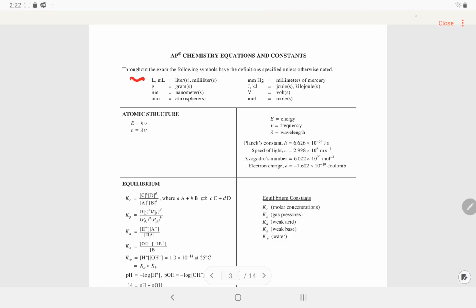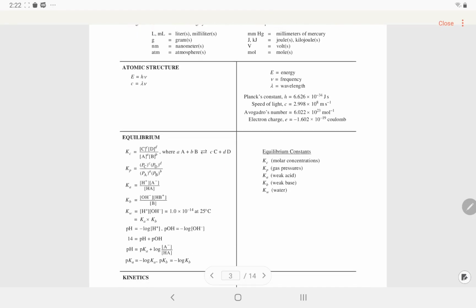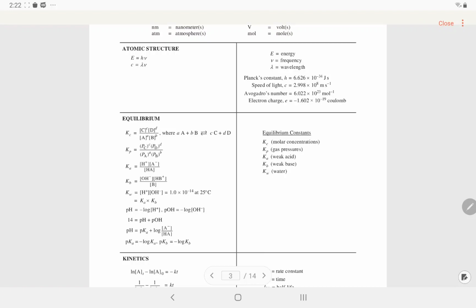And then what they've gone ahead and done is broken down the formulas you need for each concept. So the concept of atomic structure, the structure of the atom, you have the proton, neutron, electrons, and then the energy that's emitted whenever an electron jumps from one energy state to another. We have these different formulas here, and they tell us on this side what those variables mean.